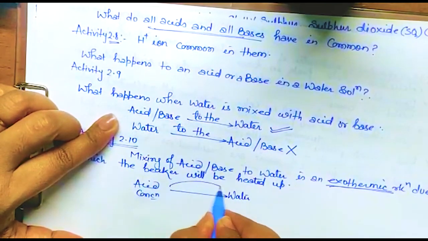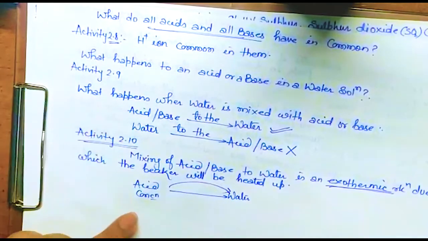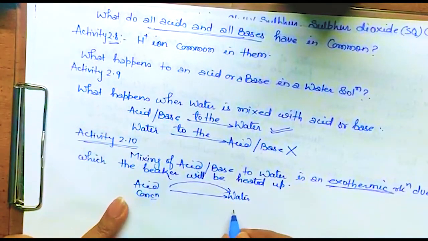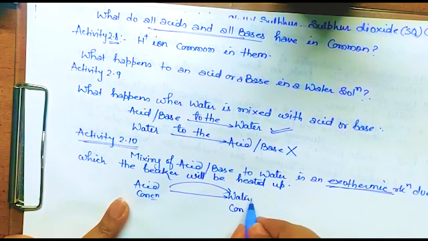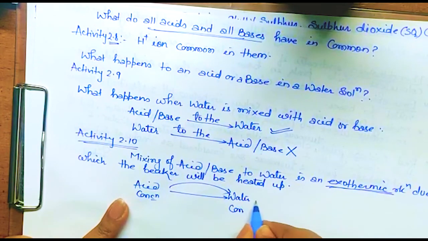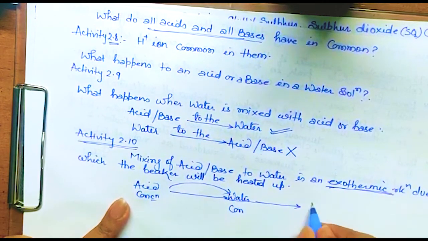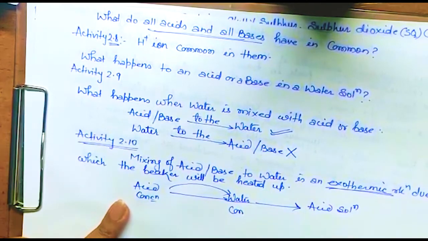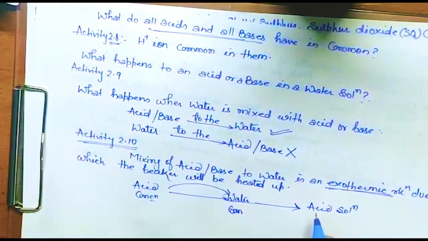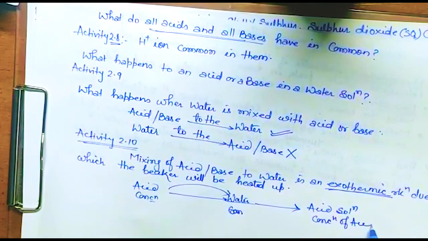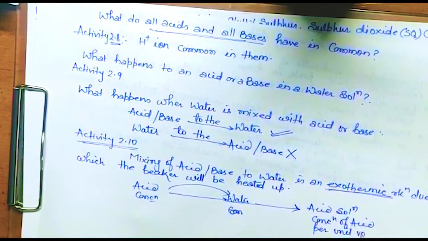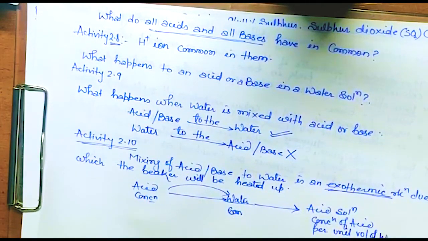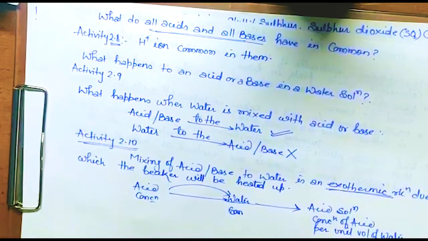The acid is added to water, and water I'm adding, so it becomes an acid solution, isn't it? The final result will be like this. So in this case, the concentration of acid per unit volume of water will be decreased.